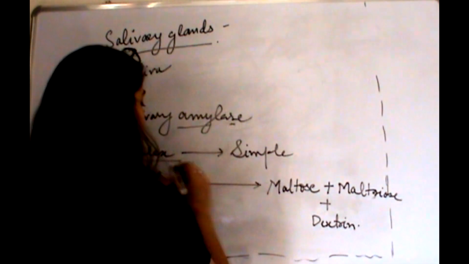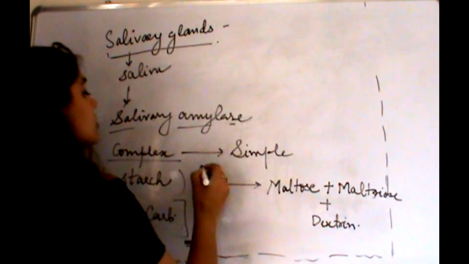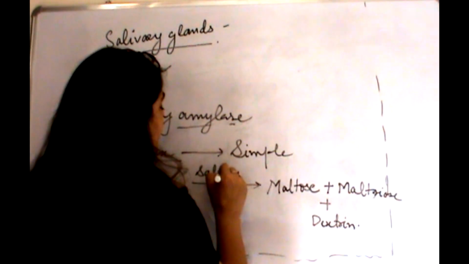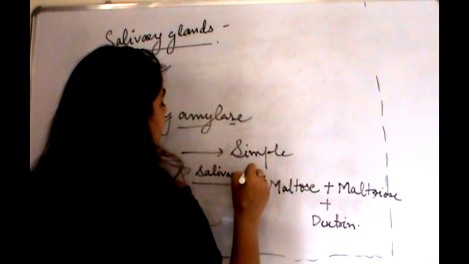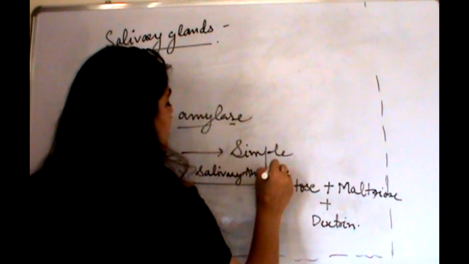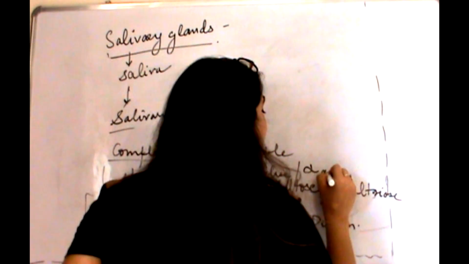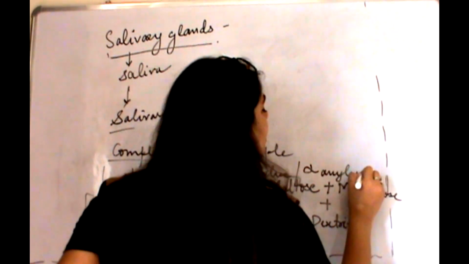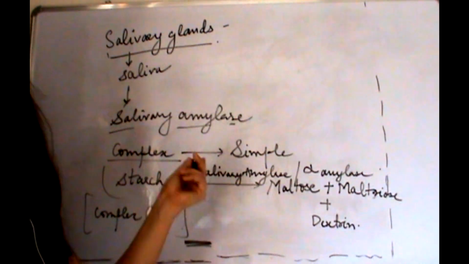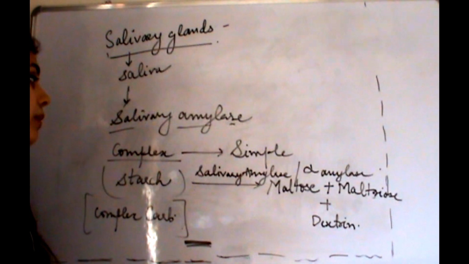So this is the conversion taking place, and who is acting upon this? The salivary amylase. It is also called alpha amylase. This is the second name of salivary amylase, that is, the alpha amylase.